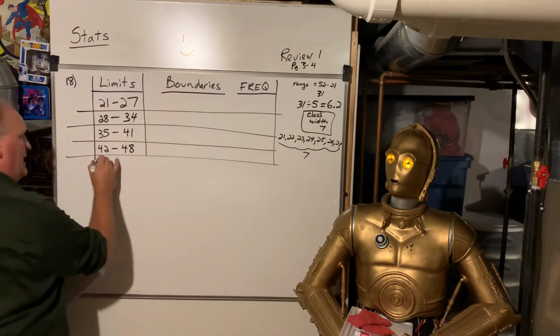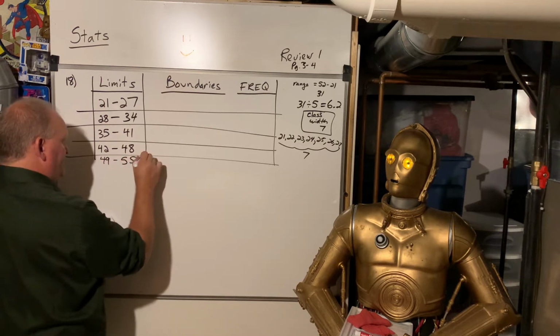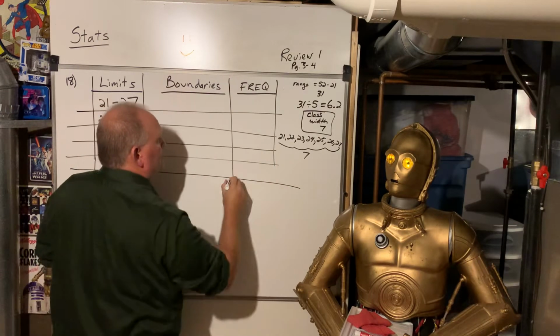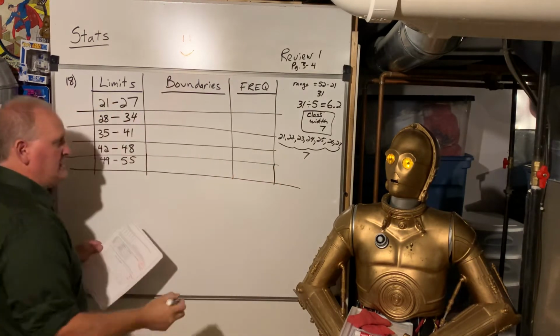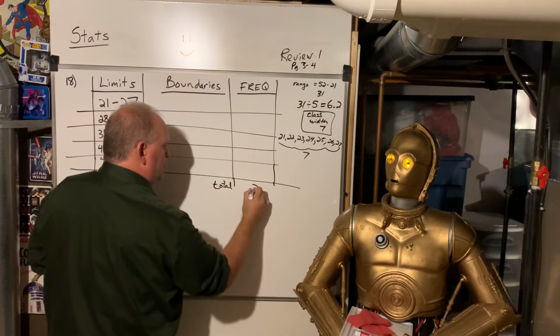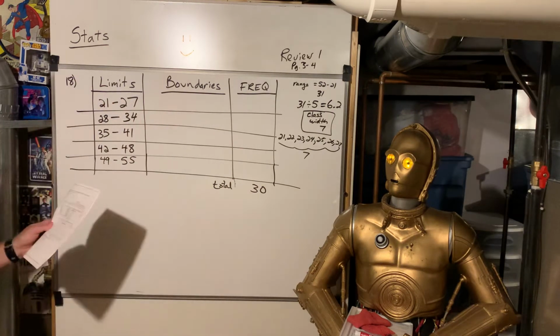And 49, and add 6 to that and get 55. Okay? So now, boundaries, frequencies, this should total 30. So that should be the total when I'm done with my frequency table here.